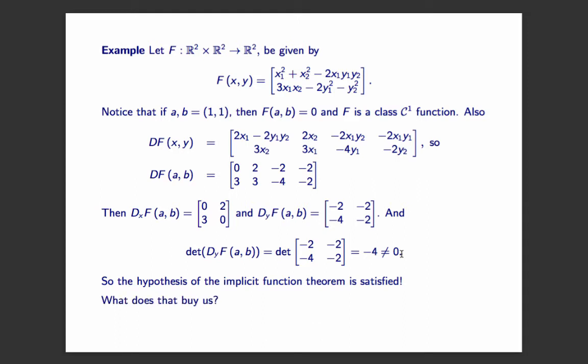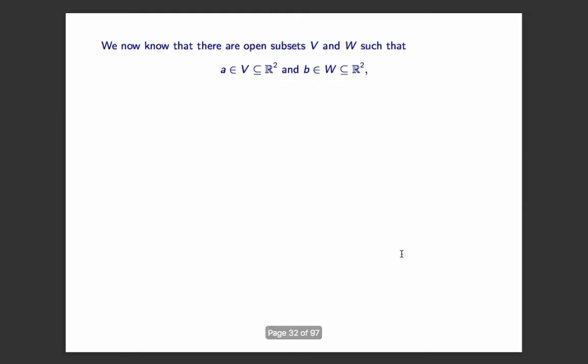Well, what does that buy us? We know there's an open subset V of R^2 and an open subset W of also R^2, where a is contained in the first open subset V and b is contained in the second open subset W. And there is a unique continuously differentiable function G that maps V to W and that passes through the point (a, b).